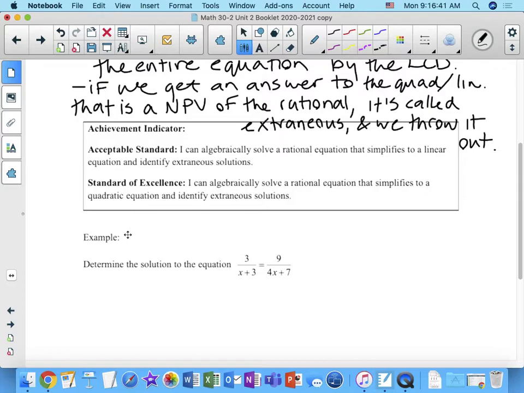In this particular problem, we don't actually have to worry about the first one, but in general, you would always start out by factoring everything, and state your non-permissibles. Okay, well, we could state our non-permissibles here for sure. These are factored, though. We don't have to worry about the factoring piece. That's done for us.